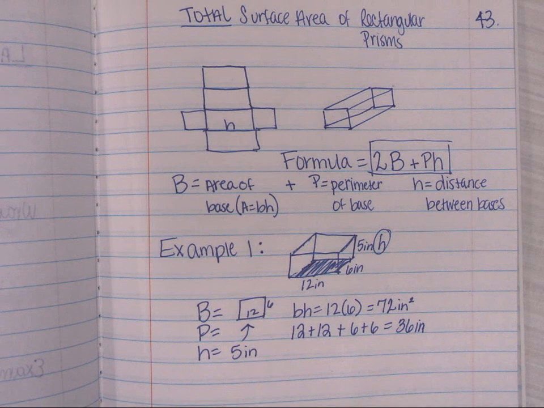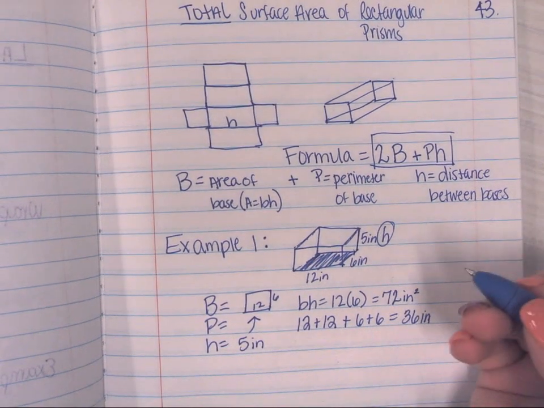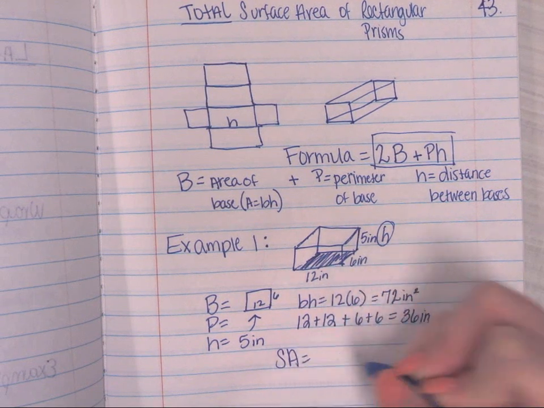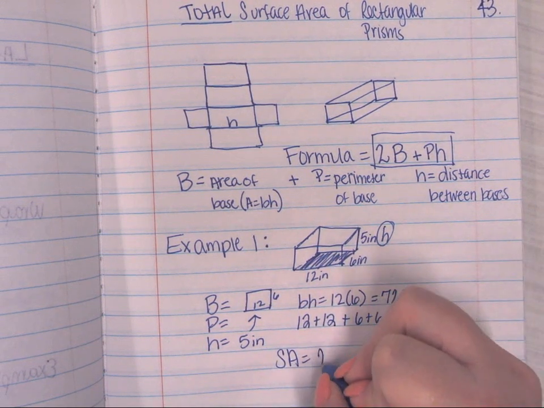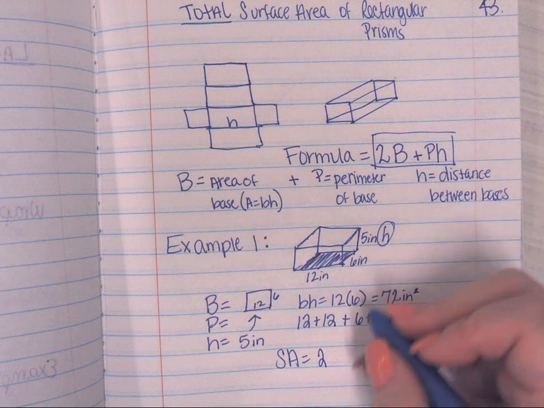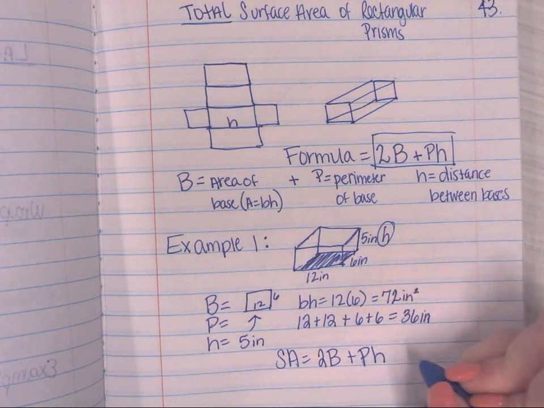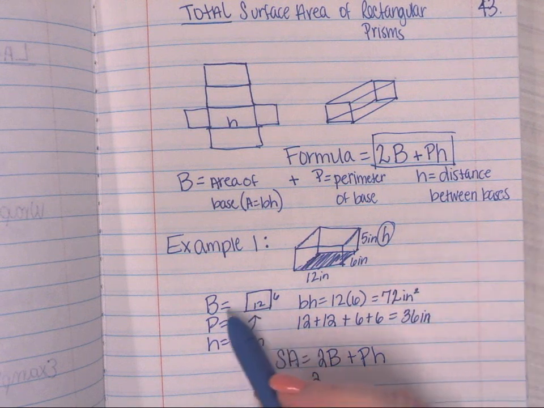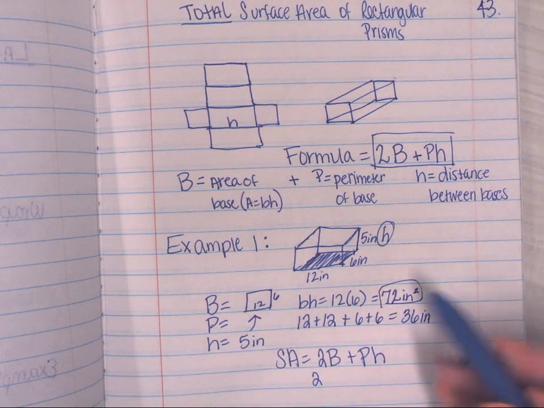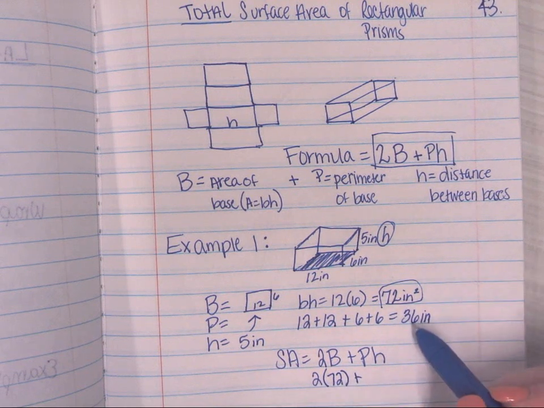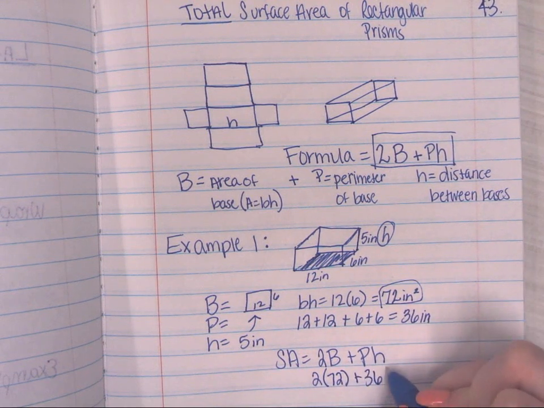Now I am going to put this all together to figure out the surface area. It's equal to 2, using the formula, B plus PH. So 2, B I said was 72, plus P I said was 36, times the height.